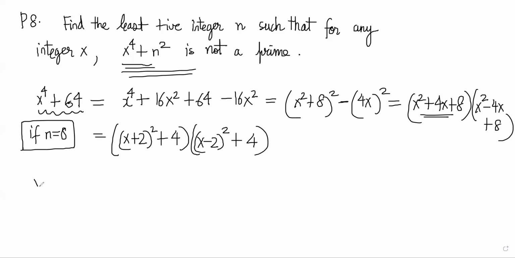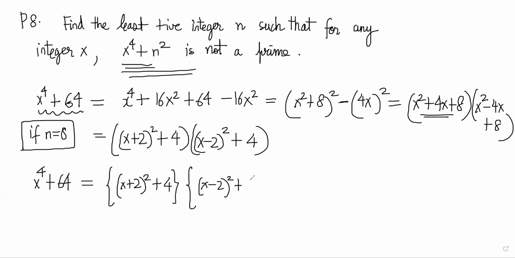So x power 4 plus 64 can be written as x plus 2 whole square plus 4 multiplied by x minus 2 whole square plus 4. Notice that each of these factors is greater than or equal to 4 because you have a perfect square inside, which is always greater than or equal to 0.